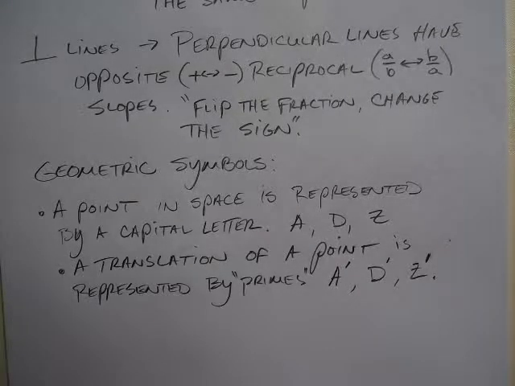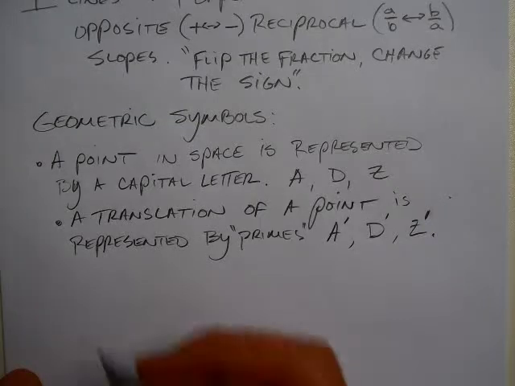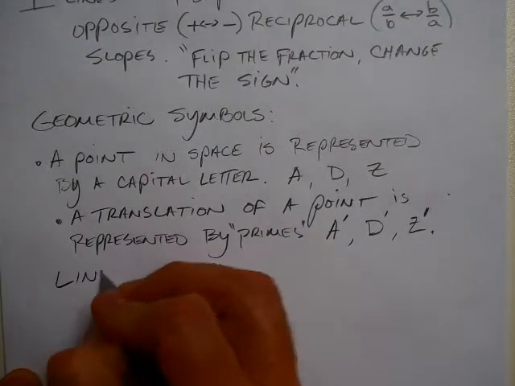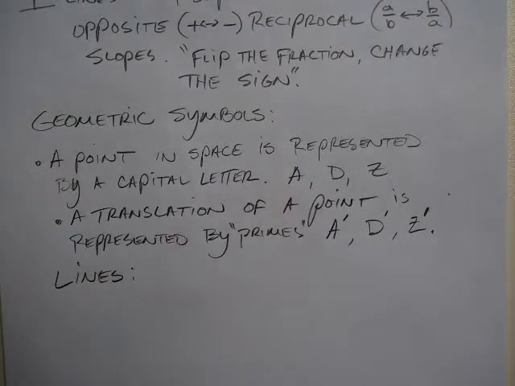So, we've got points are our capital letters, and sometimes we move them and we use these prime marks. Right, what about lines? Lines are represented a few different ways.